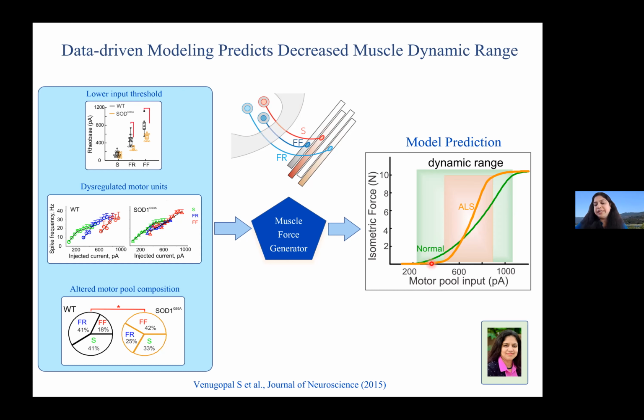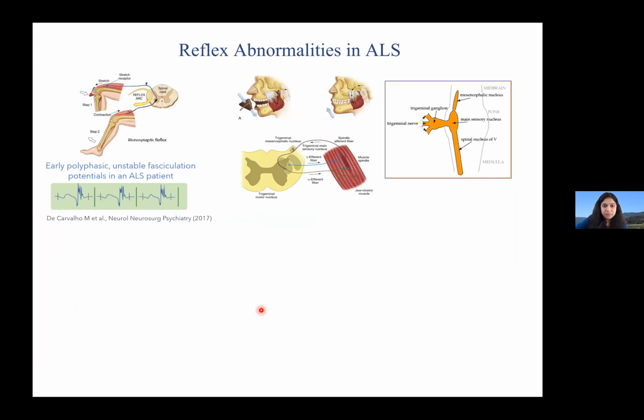We interpreted this as a change in the dynamic range of the muscle, where in ALS, it appears as though very early there is a really steep rise in muscle force generation. Of course, this requires experimental validation yet, but we thought that was an important finding and should motivate experimental measurements of these quantities.